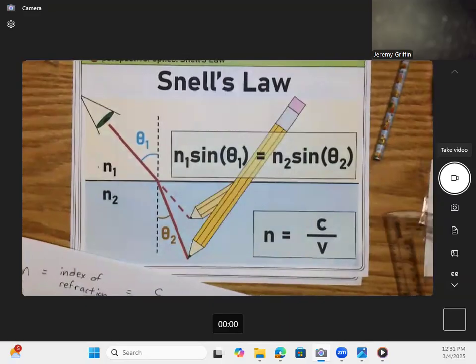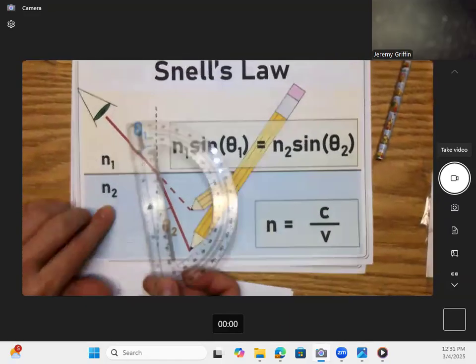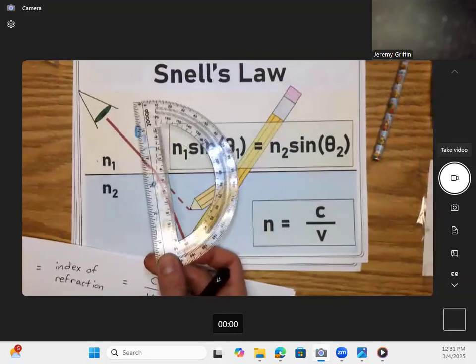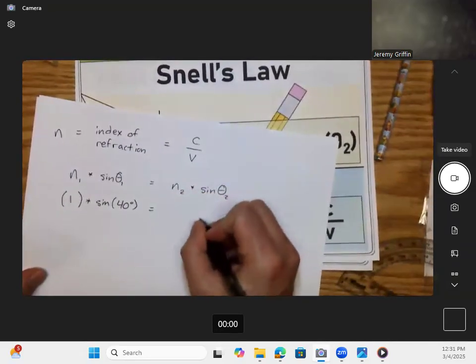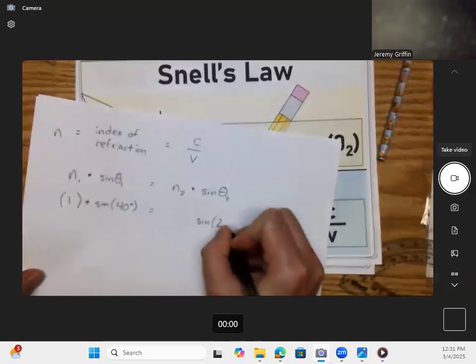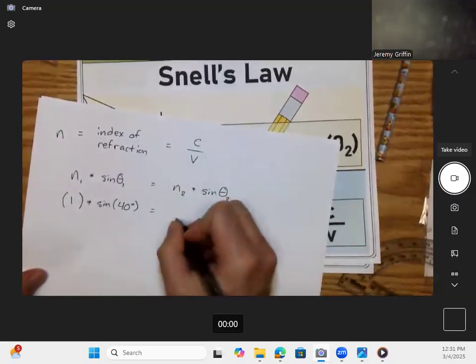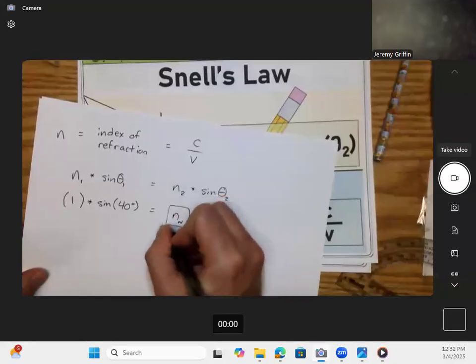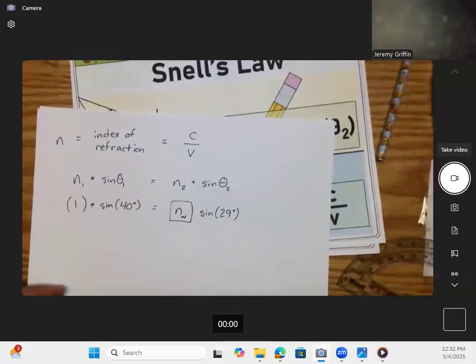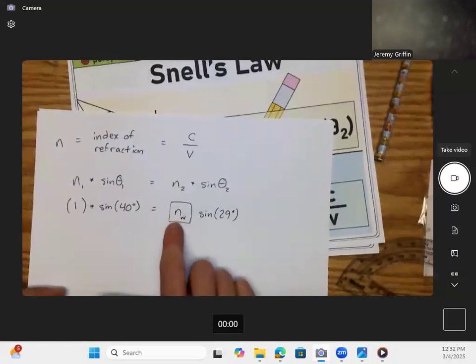Then let's say I take the protractor and measure this theta 2, and suppose I come up with 29 degrees. So where this theta 2 is, I'm going to put 29 degrees. And this n would represent the index of refraction of water, so put a little subscript w for water. Could you guys solve for that index of refraction of water?